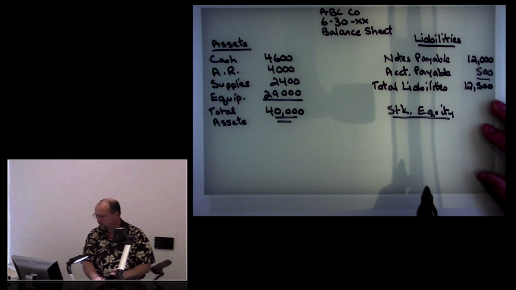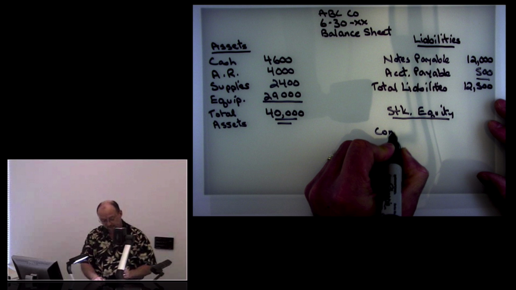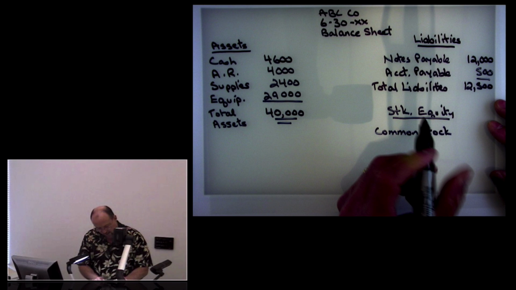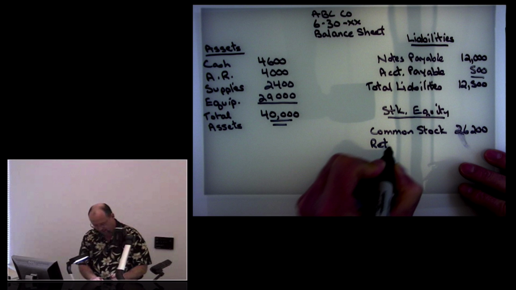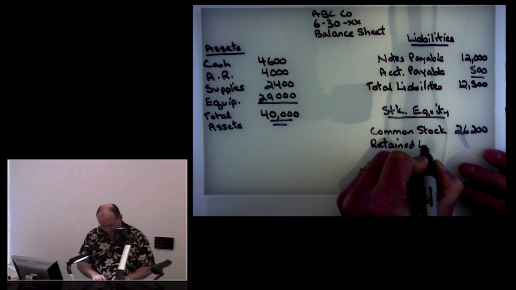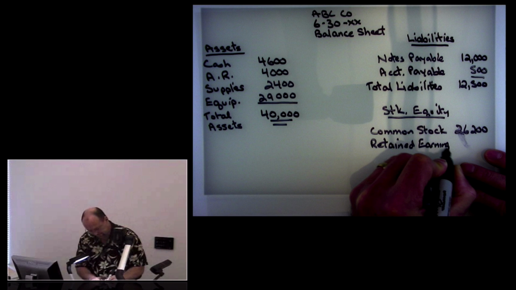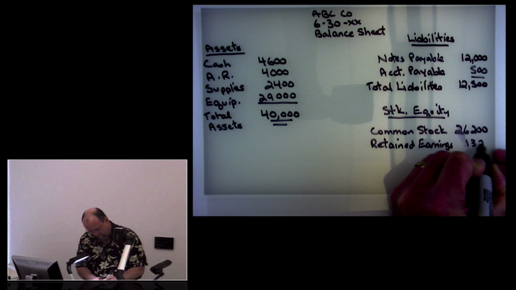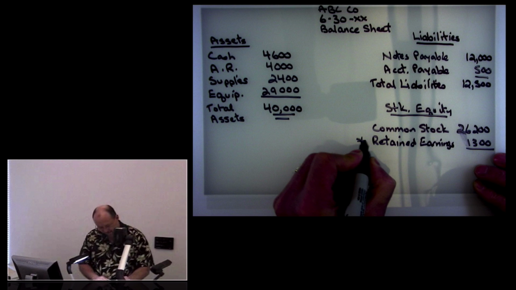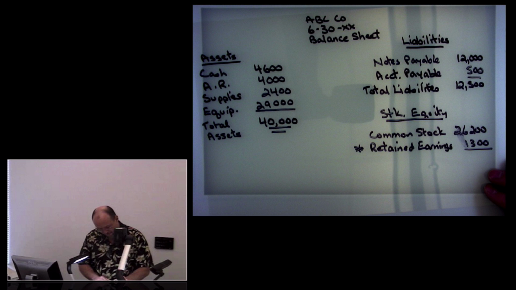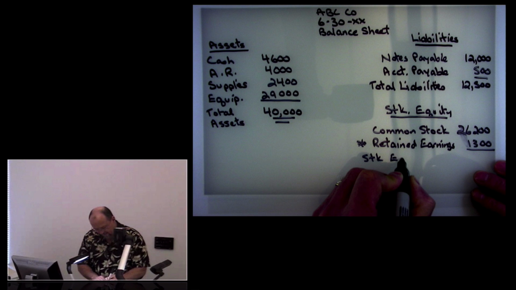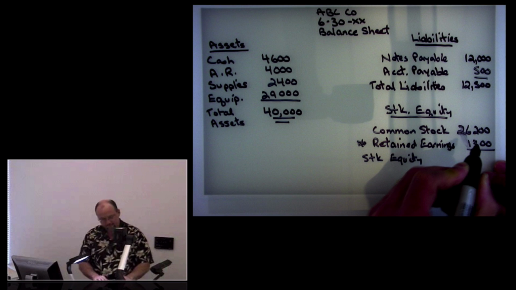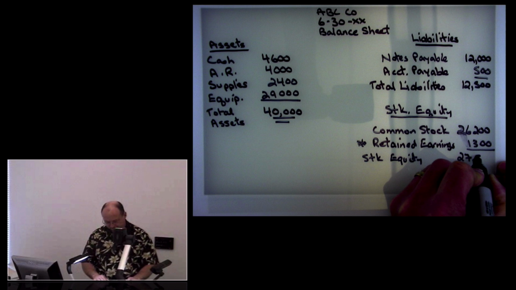Now, they said on June 1st, the company started with an investment of $26,200 in cash. That would be my common stock or capital stock, same thing. $26,200. Oops. And I have retained earnings of $1,300, and that number, I'll put a star next to it, that came from my retained earnings statement.